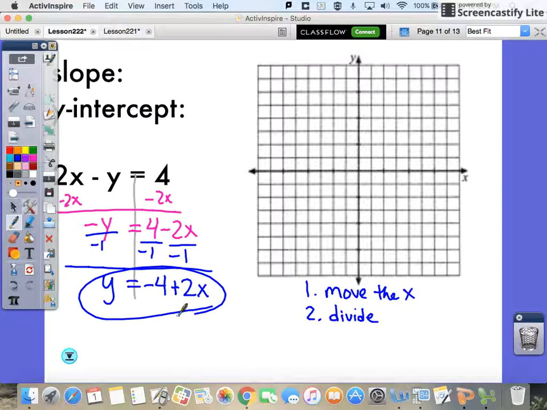So here's our equation. And this right here is our slope. You guys can put it over 1 if you would like. And then our intercept is this number right here, negative 4. So we're going to go to negative 4.